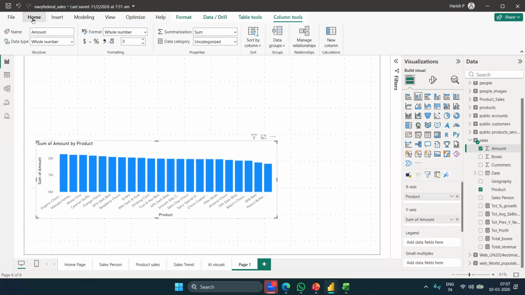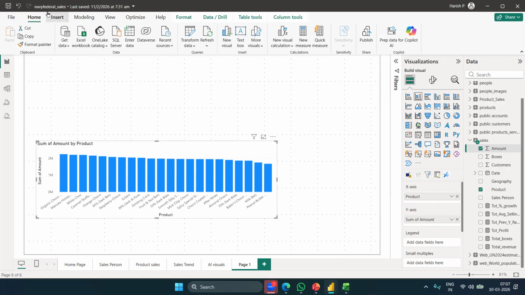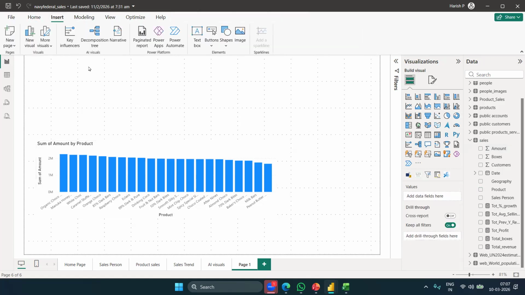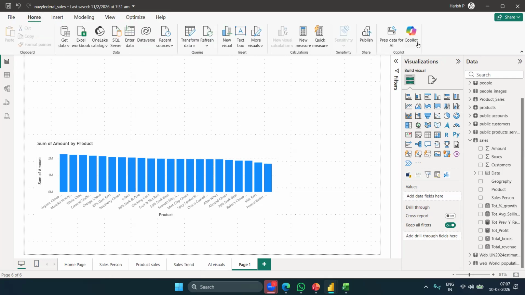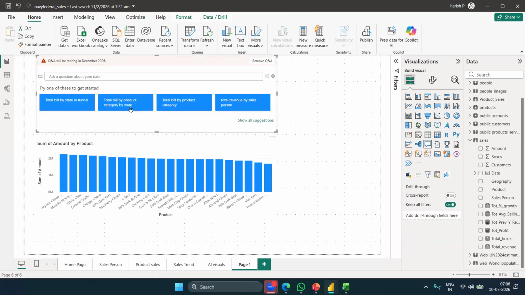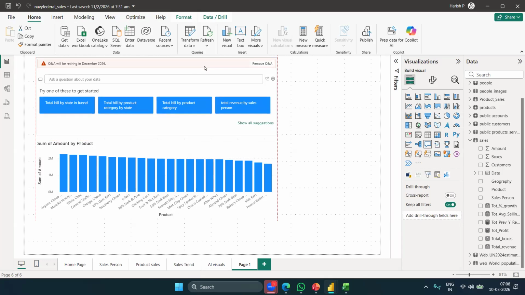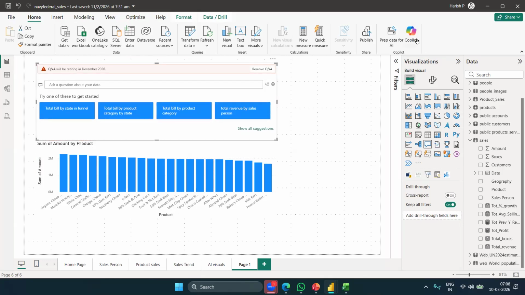Now we have these AI features. It can be key influencers, smart narrative, decomposition tree, or the one which you mentioned, Copilot. Before using Copilot, we have another interesting thing, Q&A, right? This is the current one and it is going to be replaced with Copilot.